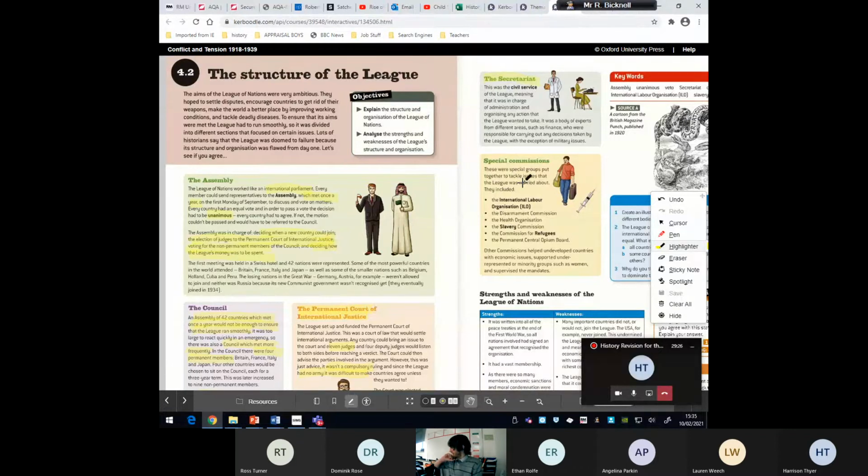And lastly, this bit down here is important to some degree because it's important that you remember that the League was not just invented to stop wars. It was created to create a better world. And here are some of the other commissions for the League of Nations.